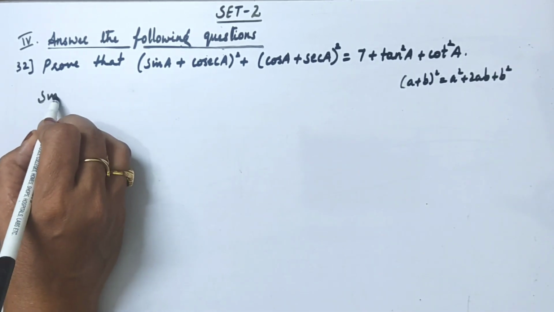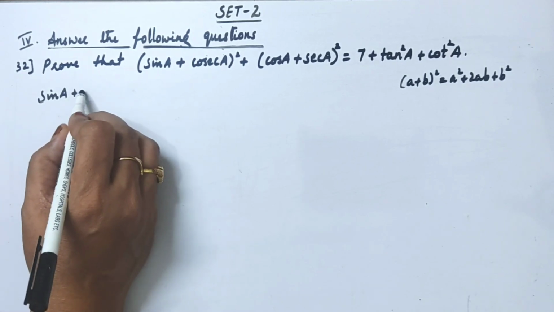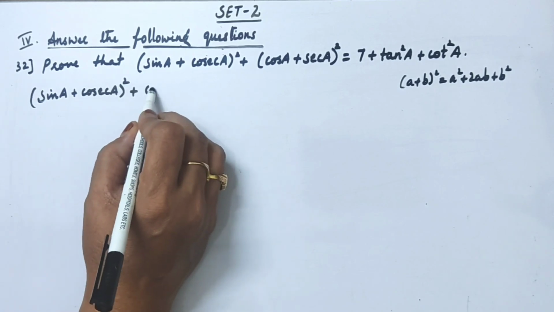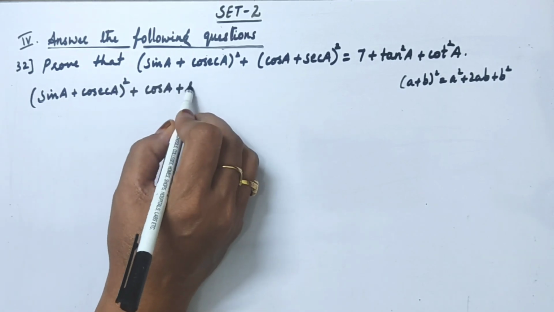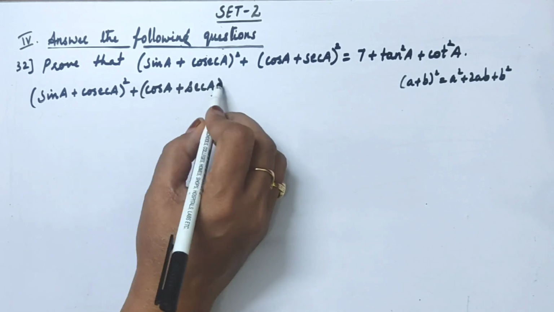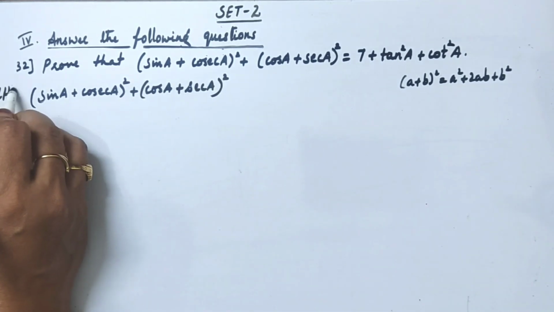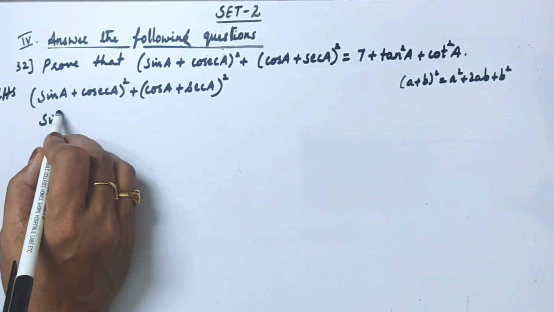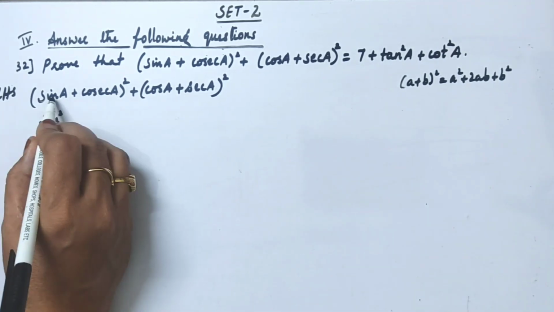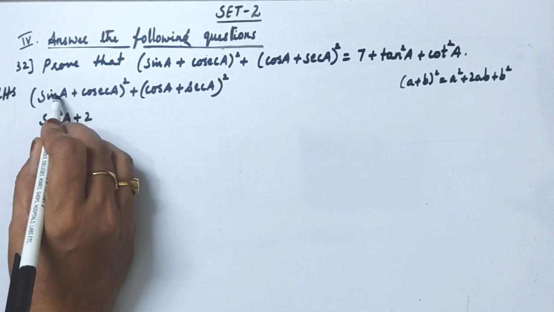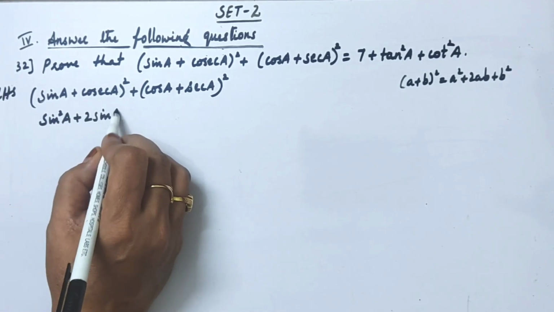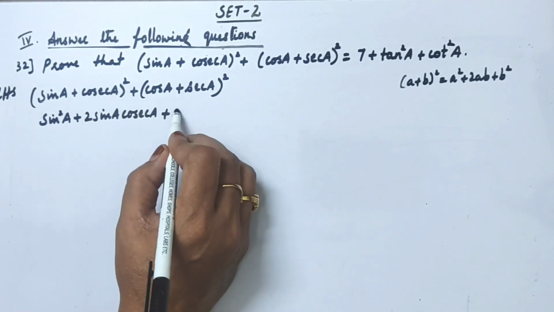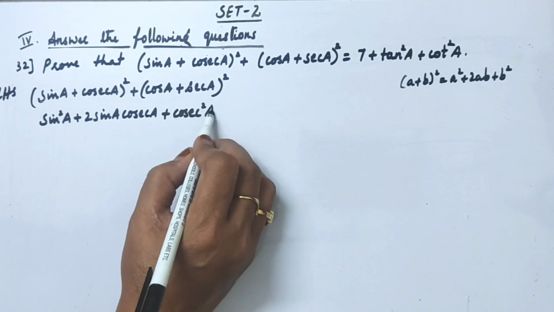So let us take LHS. Sin A plus cosecant A whole square plus cos A plus secant A whole square. Now here we'll apply the identity. Let us take this as A and this as B. A square plus 2AB plus B square.